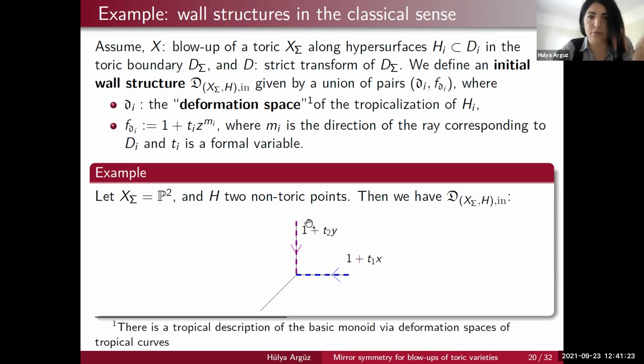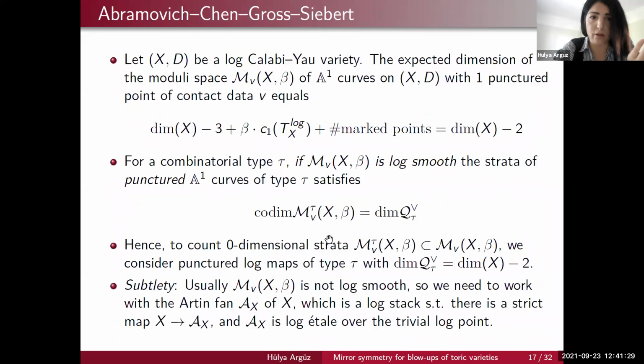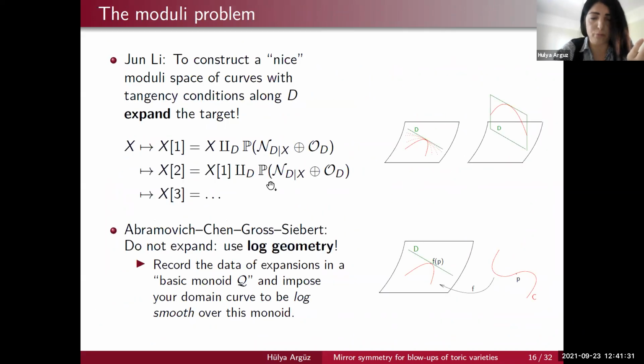It's all about this basic monoid business. There's a purely combinatorial way to define the basic monoid. If you look at, for instance, the log Gromov-Witten paper of Gross-Siebert, there's a description of how to encode all the bubbling stuff into a basic monoid.